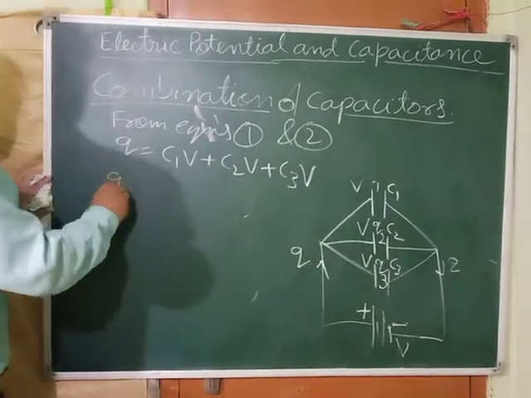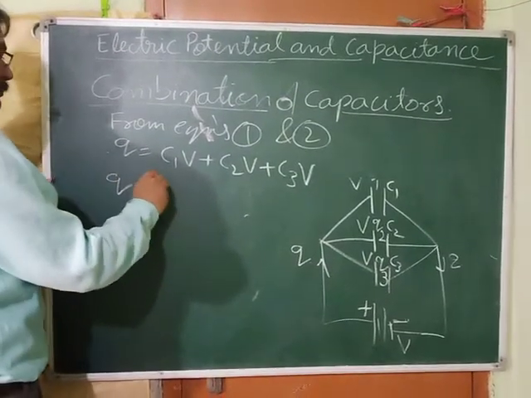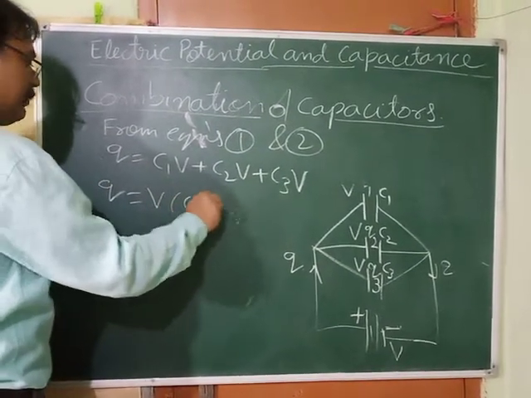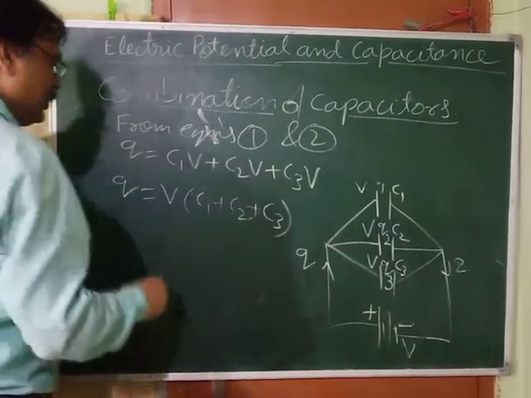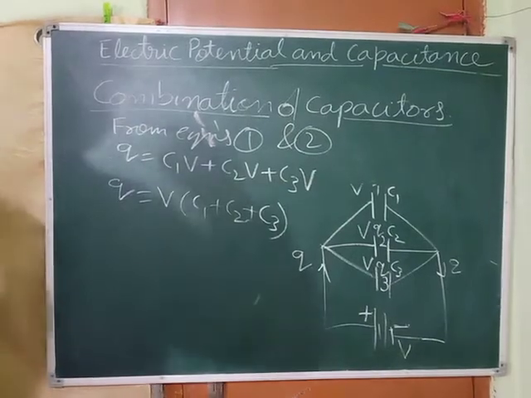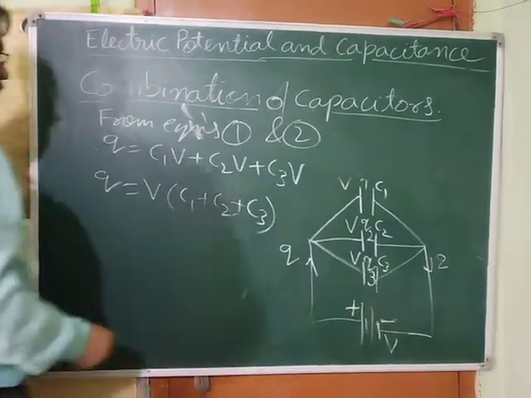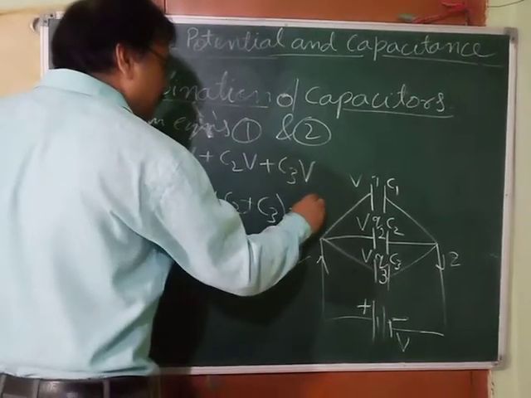We can take V common and write V times C1 plus C2 plus C3. Let us mark this equation number 3.